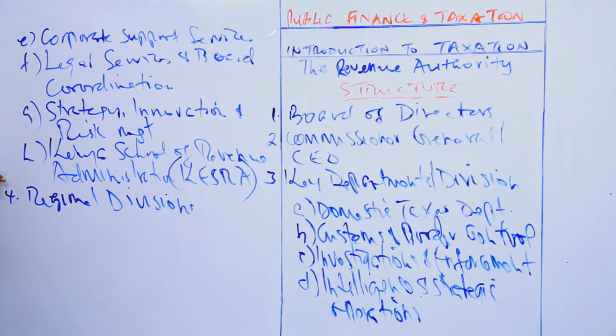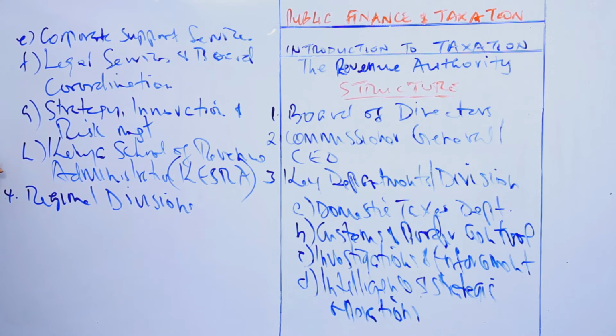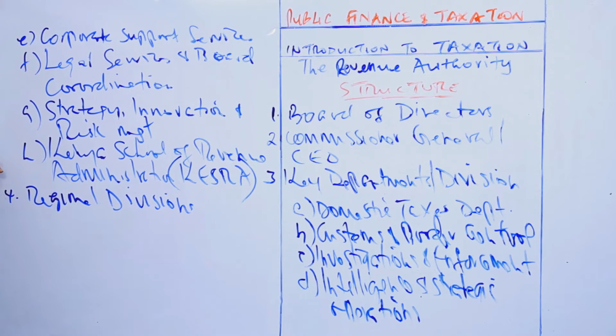Apart from the key departments, the purpose of these regional divisions is to bring services closer to taxpayers. KRA maintains regional service centers across the country. We have the Nairobi region, the southern region, the western region, and so on.